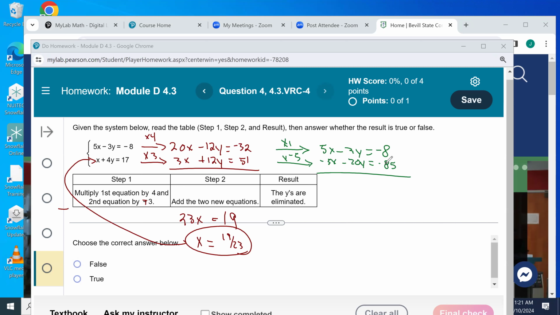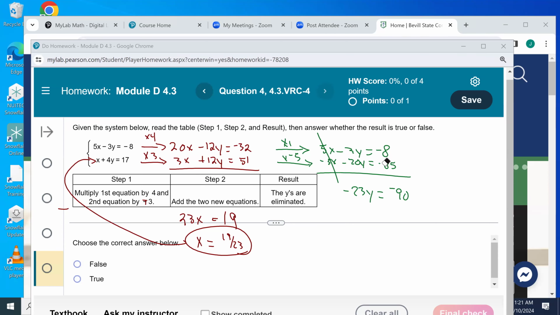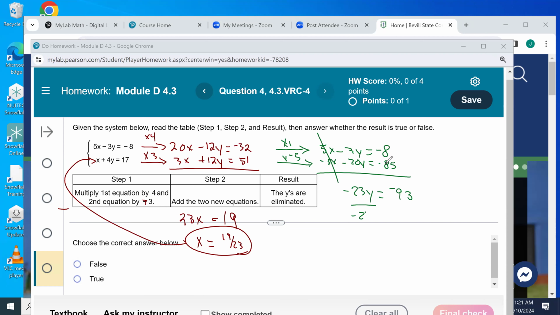Okay. The x's cancel. I get -23y equals -93. Divide by -23. Then I just call that 93 over 23.